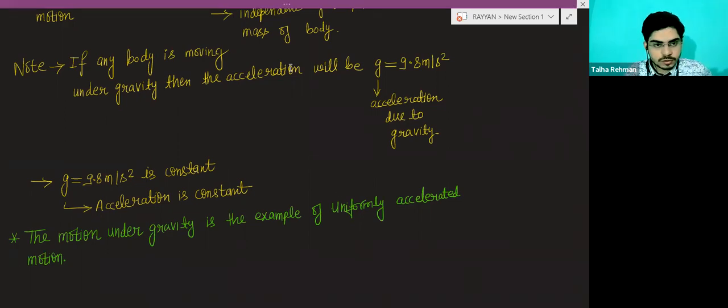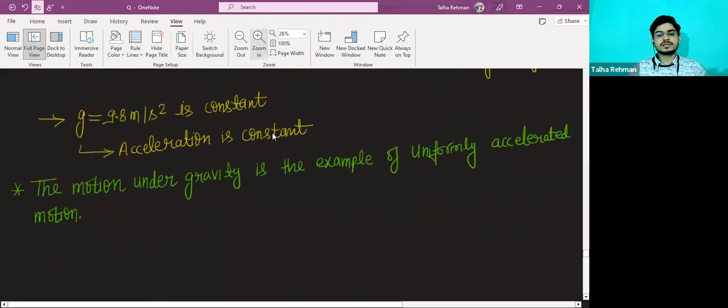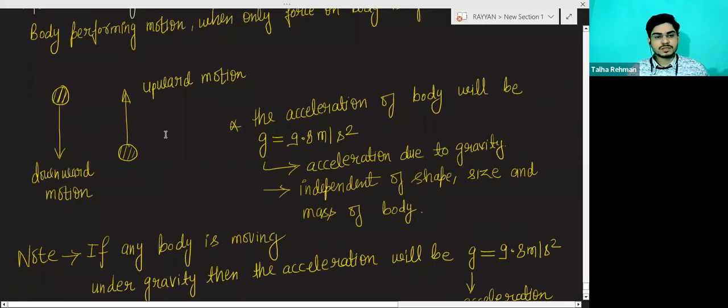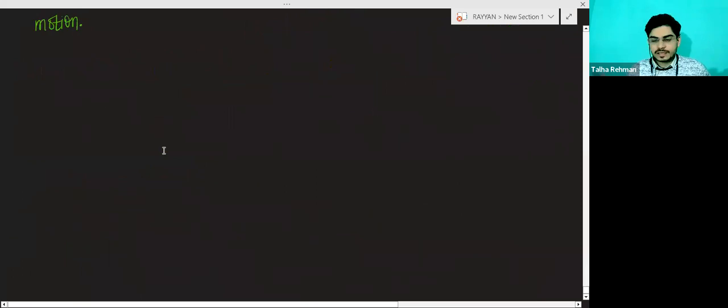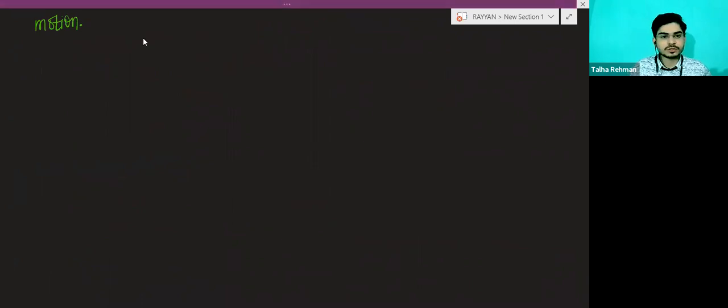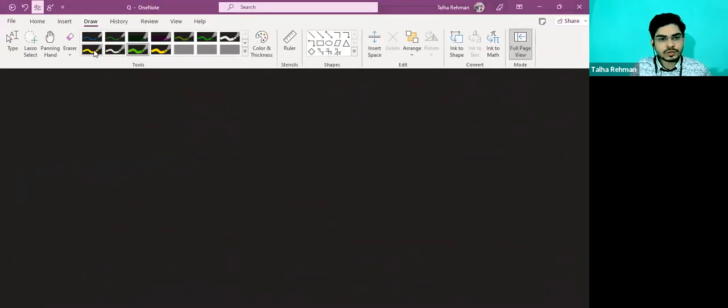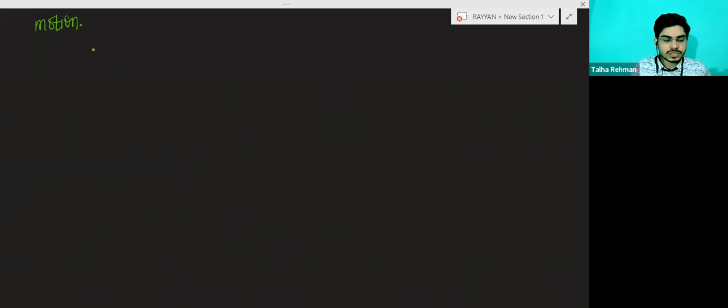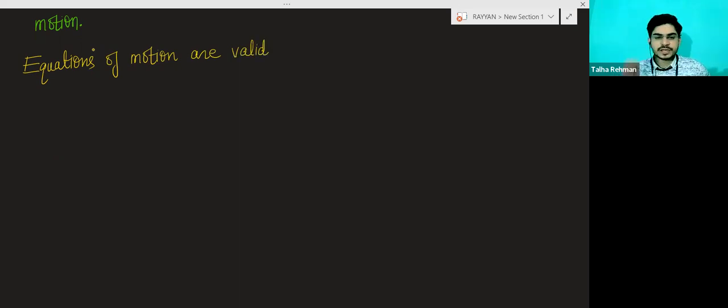So now, the motion under gravity is an example of uniformly accelerated motion, so the equations of motion are valid in motion under gravity.